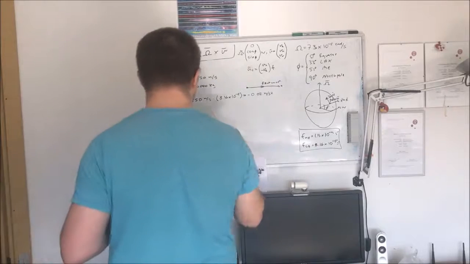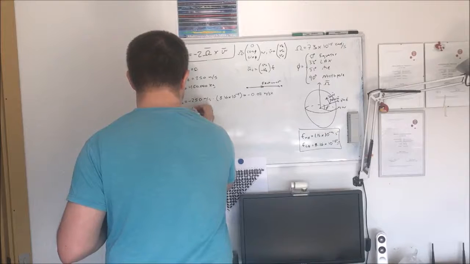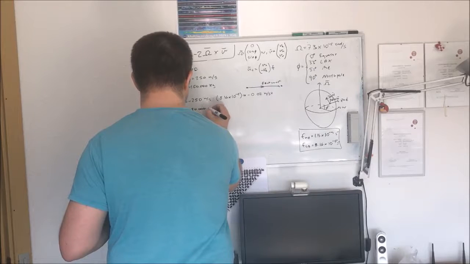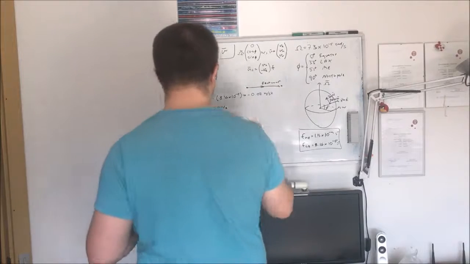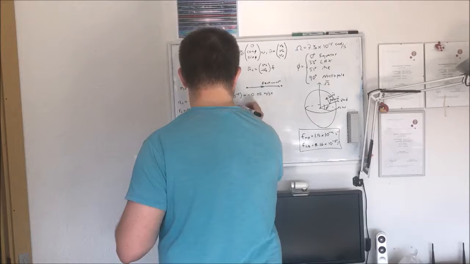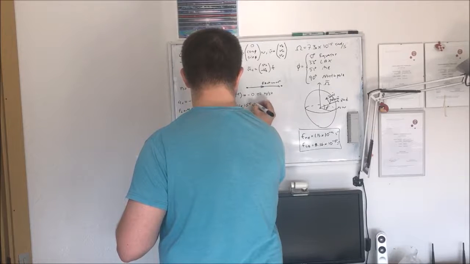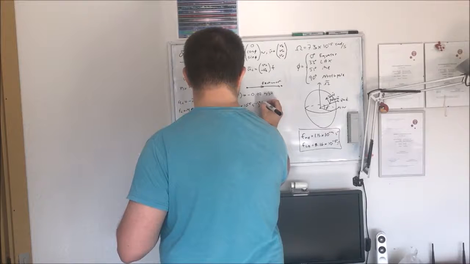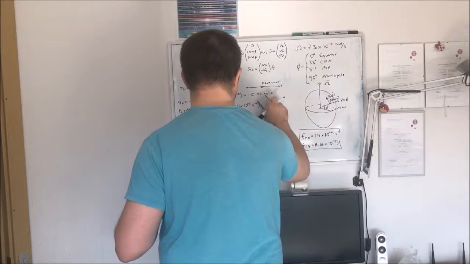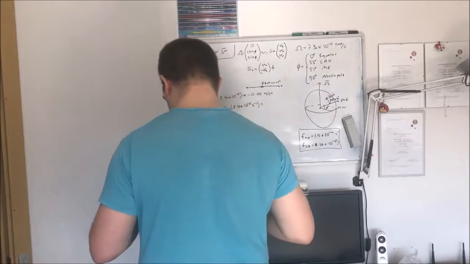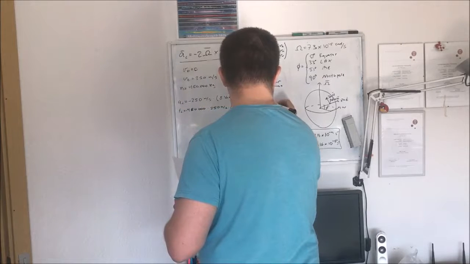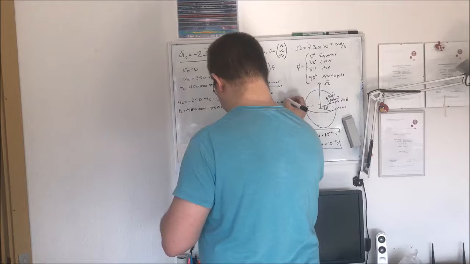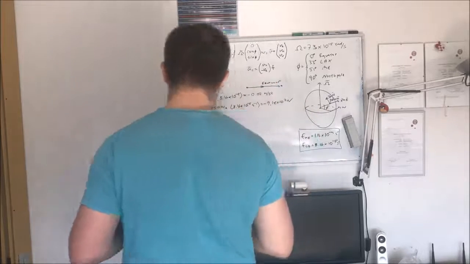So we can find that the Coriolis force is equal to minus 450,000 times 250 per second times 8.16 times 10 to the minus 5 per second, and not squared. Let me see if I put it out correctly. Yes, that is equal to minus 9.18 times 10 to the third Newton.